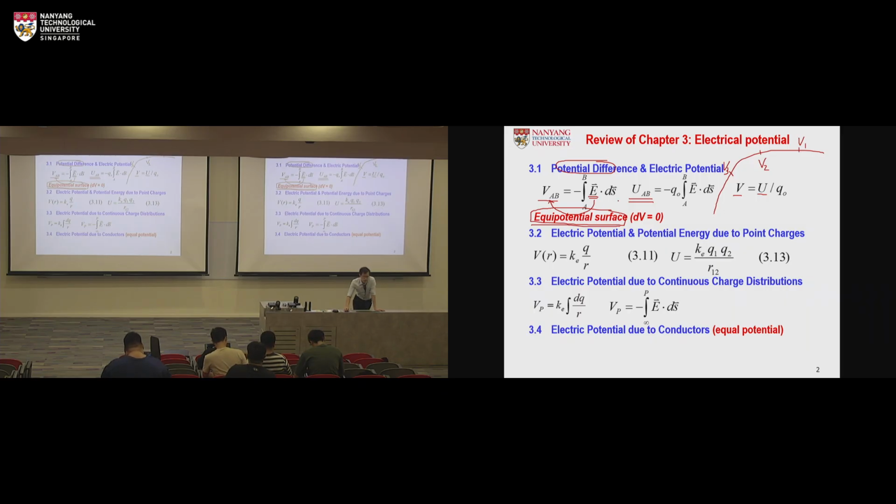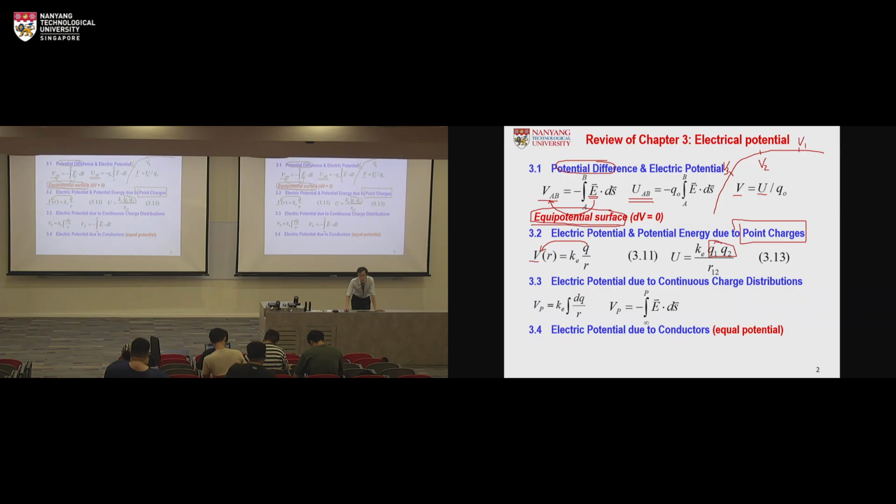And if we try to apply the basic relation to certain charge, the first case is the point charge or single point charge. Then we can derive the electrical potential V due to this single point charge Q at a location at this distance of R. We can also determine the potential energy when you have two charge.